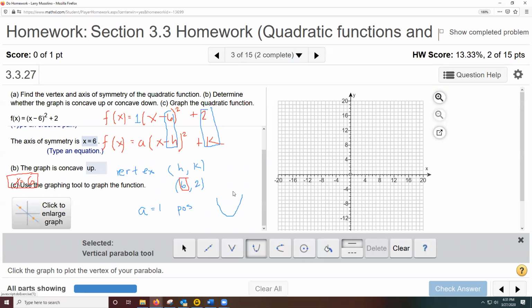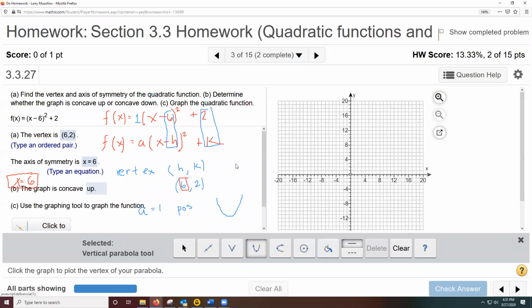One point I know about is the vertex, 6, 2. So let me go to 6, 2. Here's 6, 2, and I'm going to put a dot there. And I know this graph is going to open up. Remember, we said it was concave up. But I need another point in order to graph this. So I'm going to try to figure out the y-intercept.